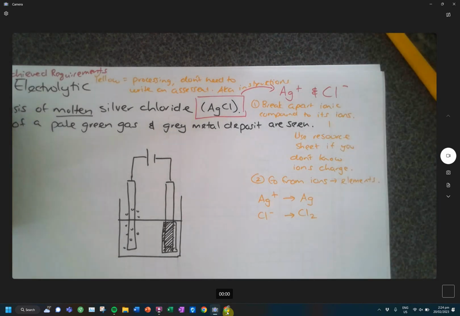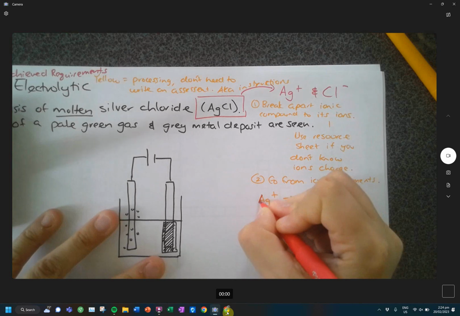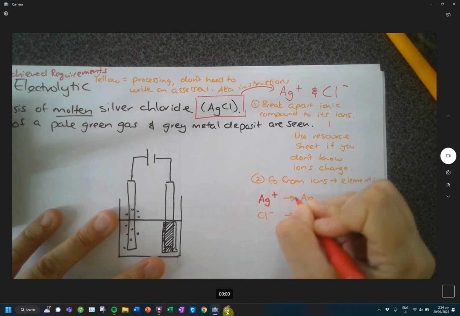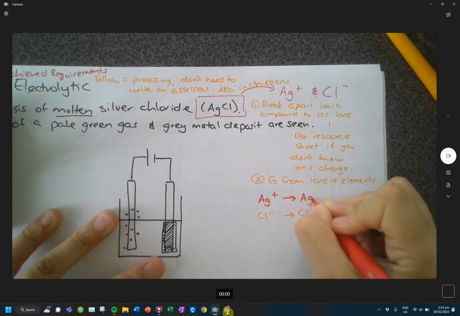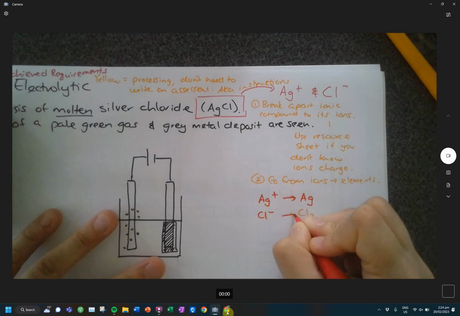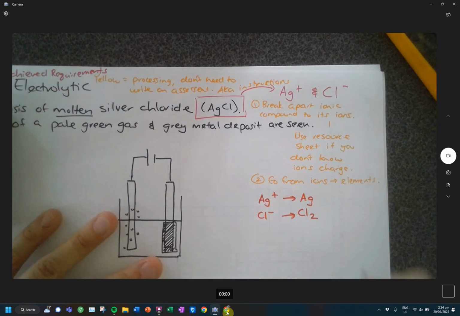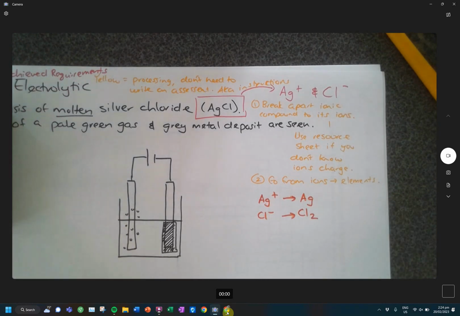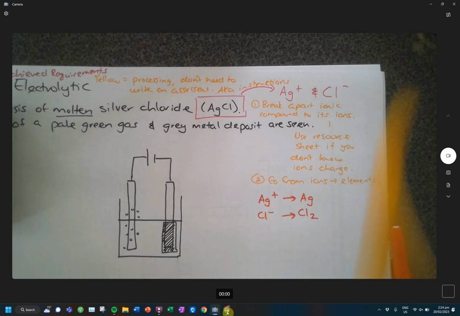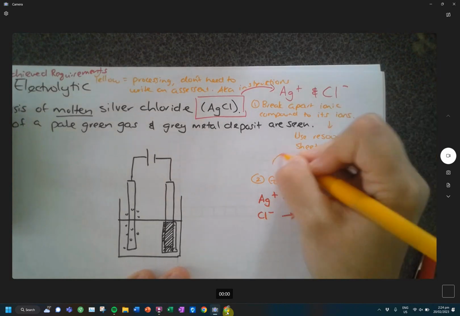Actually, identifying the products isn't achieved, my bad. So I'll put that in red. Use the resource sheet.